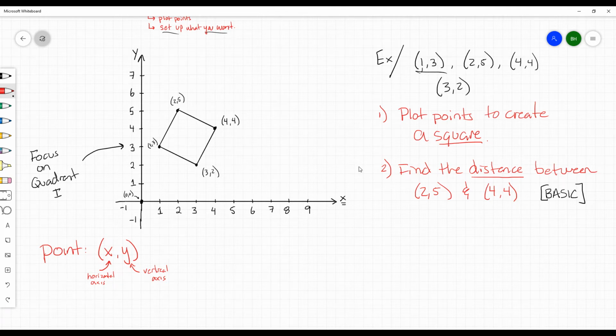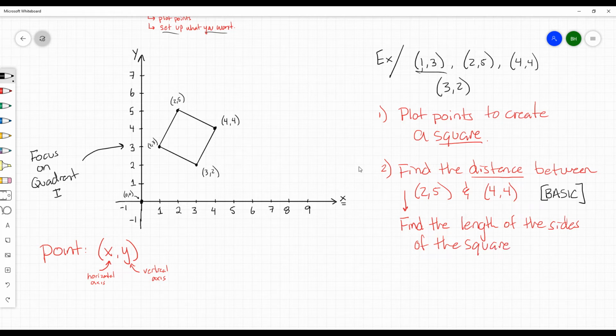To make this question a little bit more interesting or more thoughtful for you, the question could be elevated to express the following. Find the length of the sides of the square.